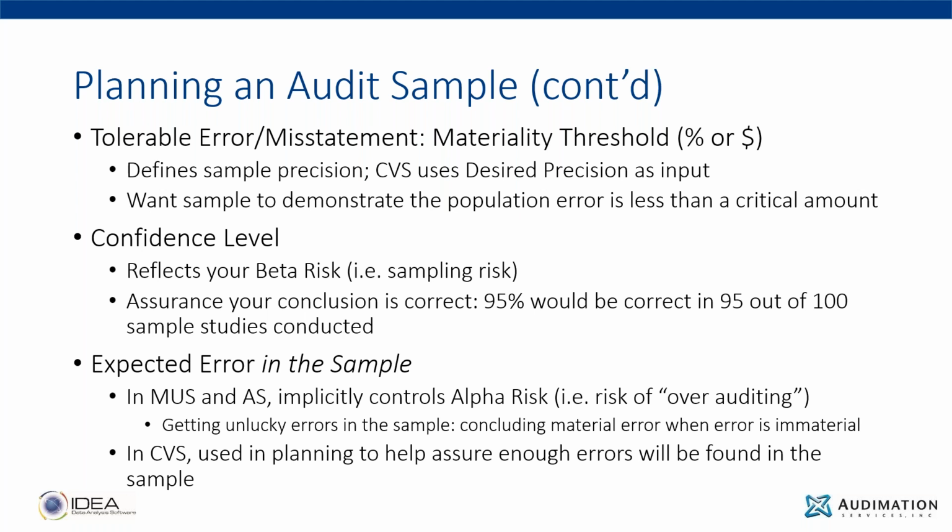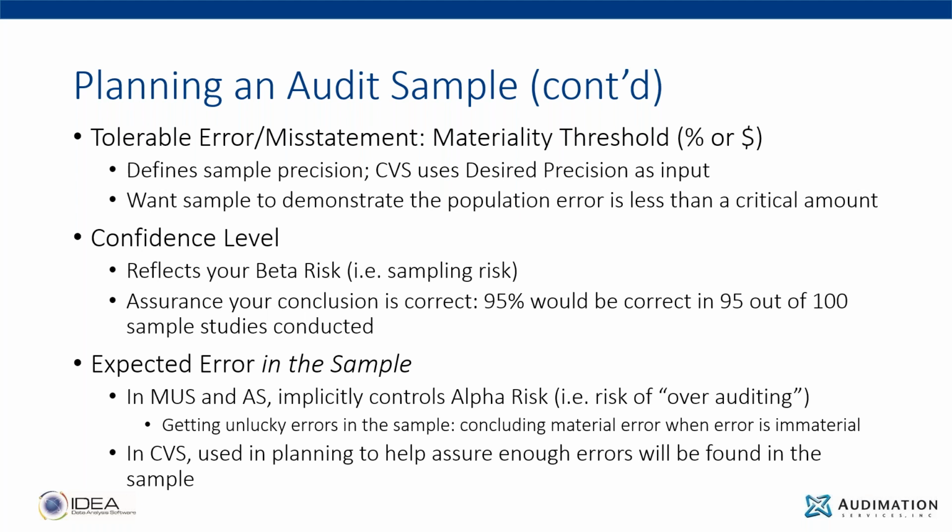Classical variable sampling uses desired precision as an input. We want the sample to demonstrate that the population error is less than this critical amount. This is a critical amount input that you supply. The confidence level reflects your beta risk or sampling risk and provides assurance that your conclusion is correct.